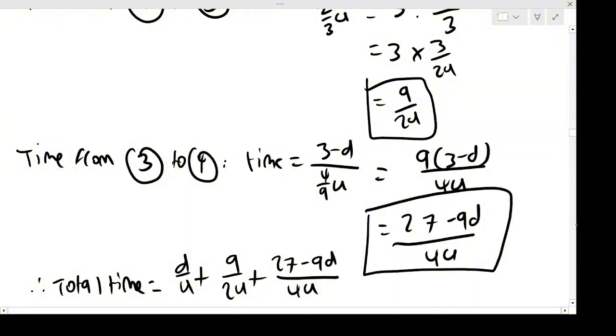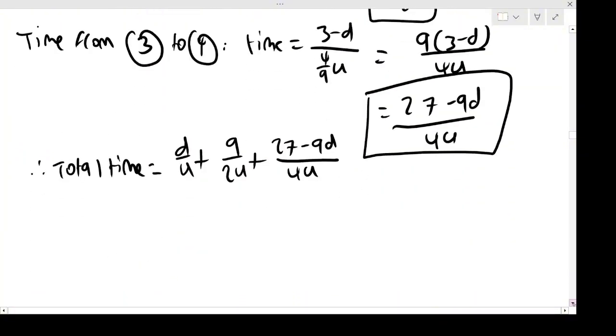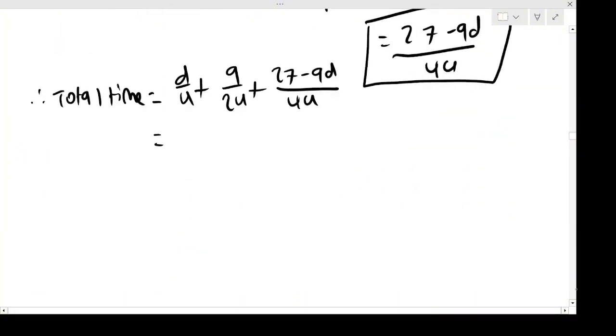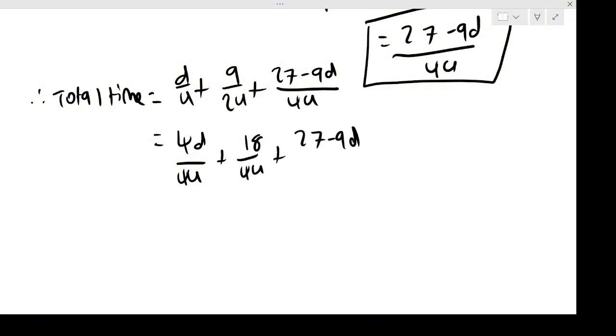And then we just need to simplify this expression. Well, I can get a common denominator of 4u, so I'm going to need to multiply the first fraction by 4, so 4d over 4u, then the second fraction by 2, so 18 over 4u, and then 27 minus 9d over 4u. Then I can just simply add.